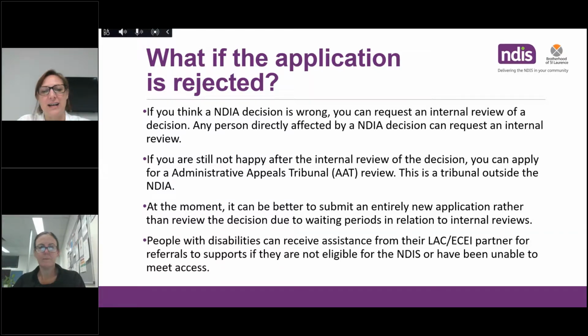There's also a note there about submitting an entirely new application. What we have found is that process has certainly improved, and so talking to the partner would best support the participant or family in being able to get the evidence that they require.